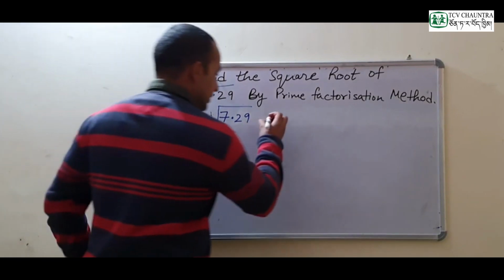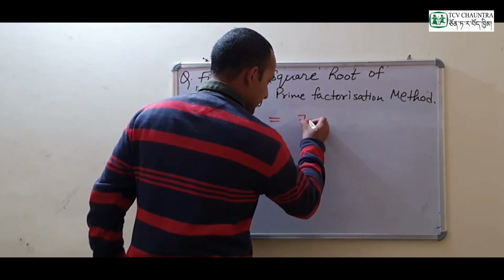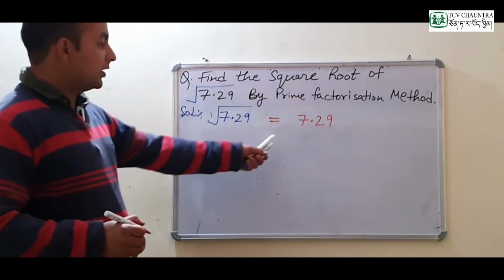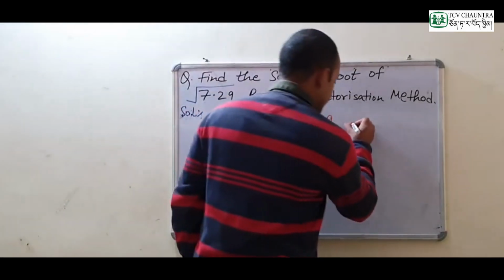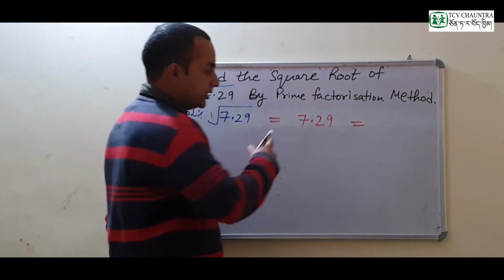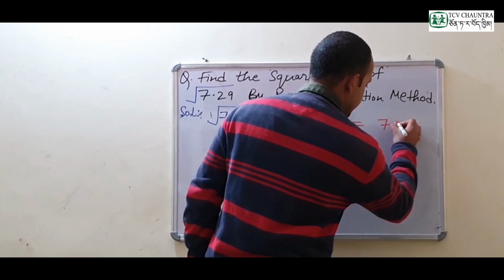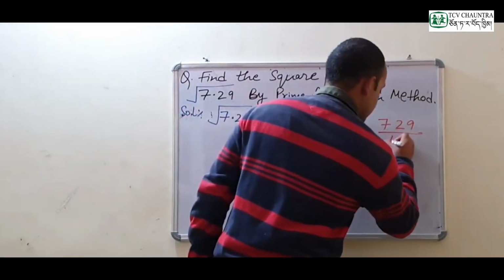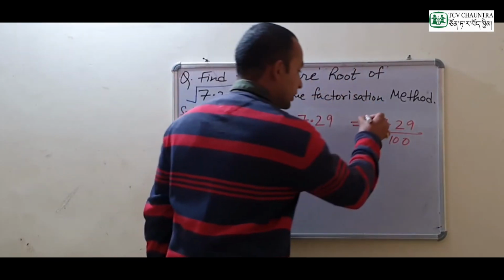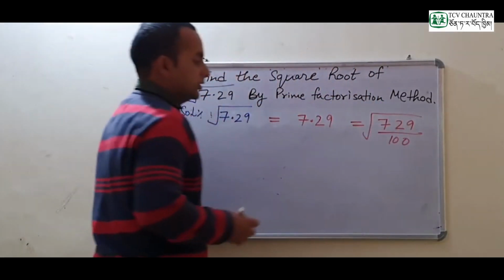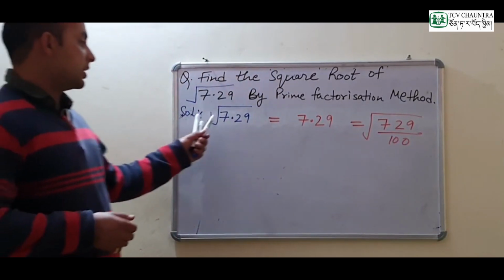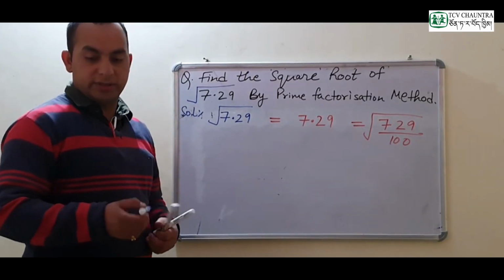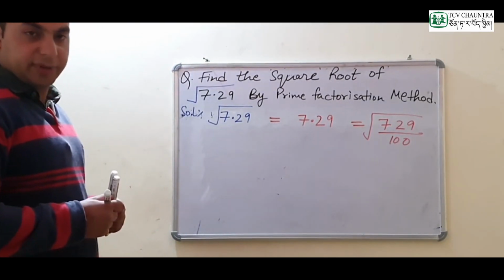Remove the decimal point, so the number becomes 729, and put 100 in the denominator under the square root symbol. So we can express root 7.29 as root of 729 upon 100.